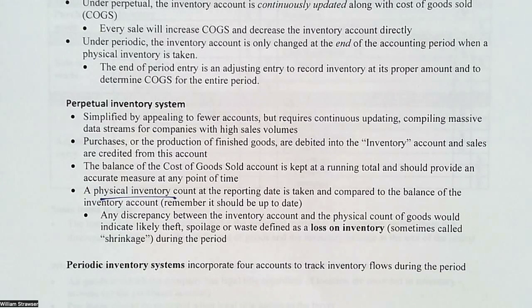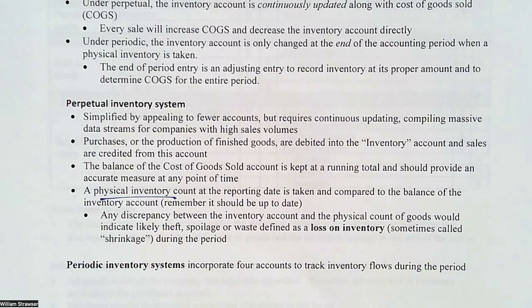Items like that are called shrinkage in an accounting system. We can call it a loss on inventory, or shrinkage, but it gives us the ability to see whether there is any theft going on, or whether we are having issues with efficiency and turning over the inventory that cause it to spoil.